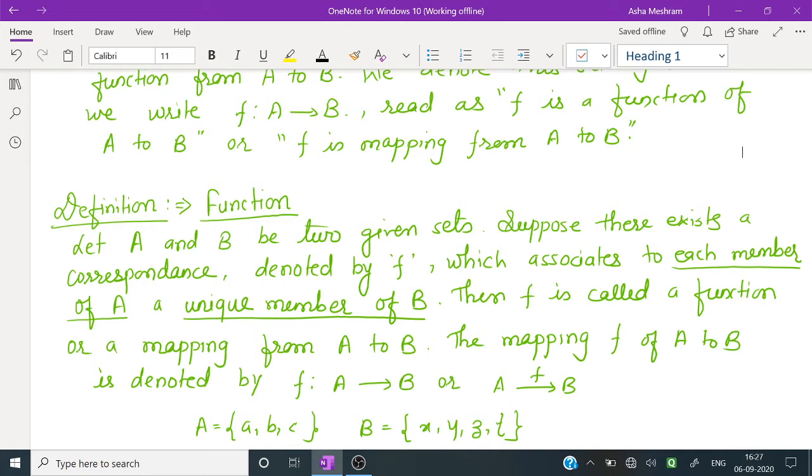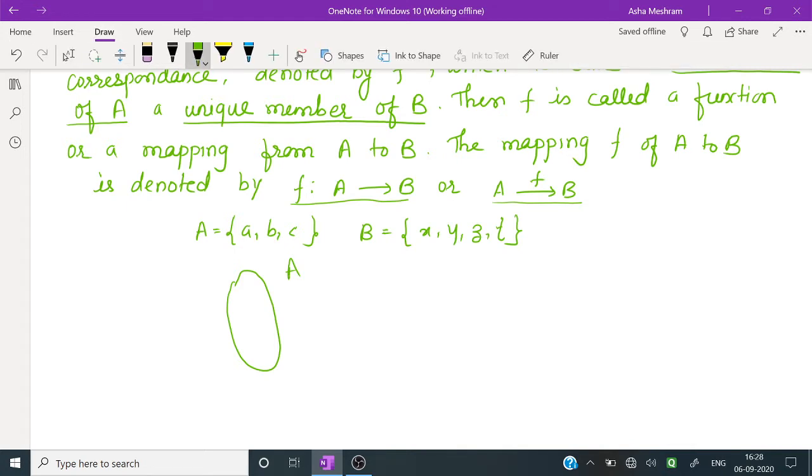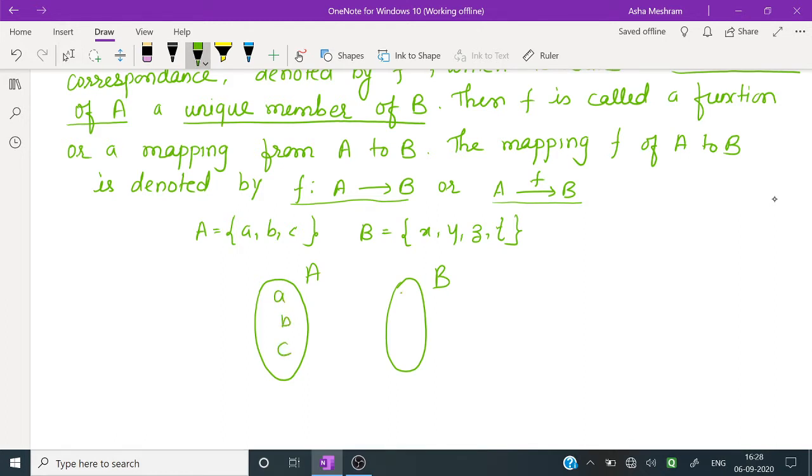The function F from A to B is denoted by these symbols, which are given here. Now let's see the definition with a diagram, how we define the function and how we take the elements. Suppose this is set A, and this set is B. The elements of A are a, b, and c, and the elements of B are x, y, z, and t.